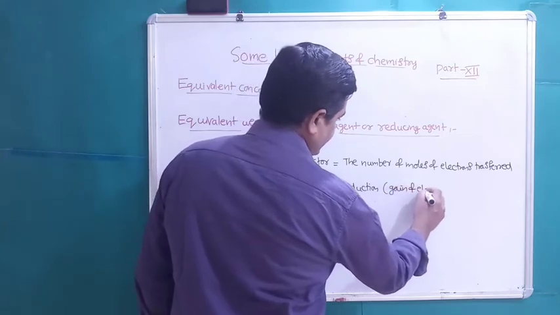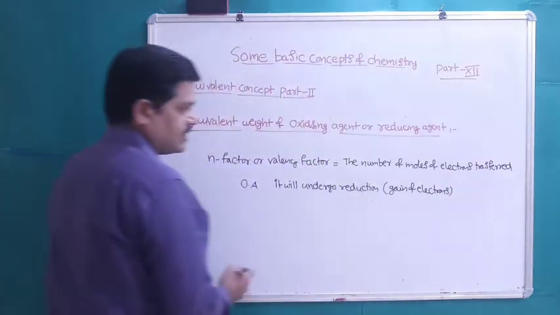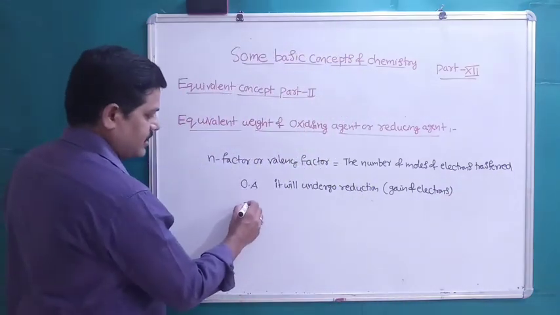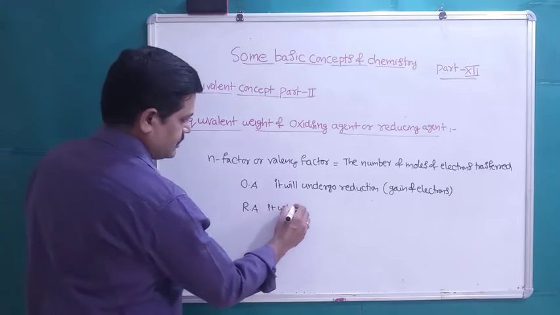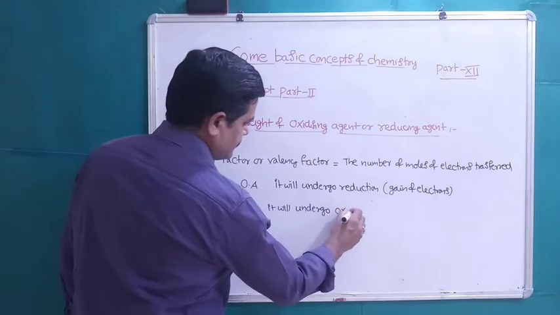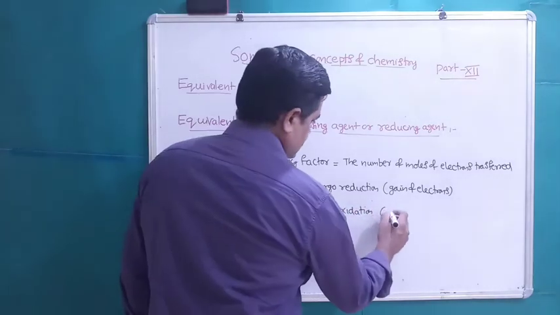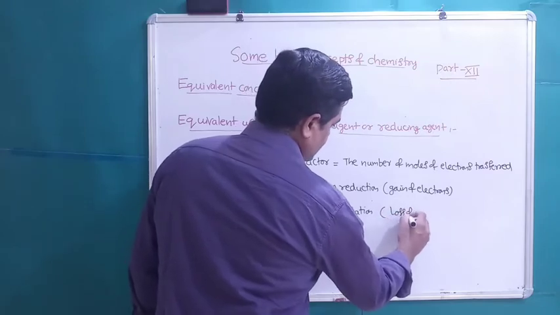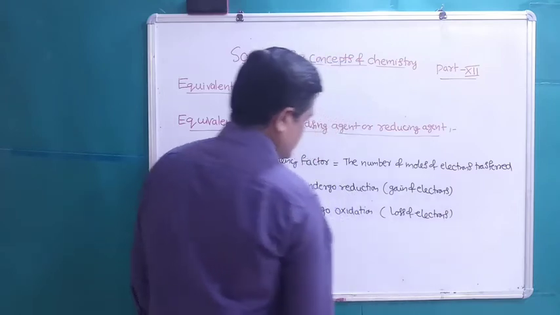Gain of electrons is called reduction. Whereas a reducing agent will undergo oxidation, that is loss of electrons. Loss of electrons is oxidation.